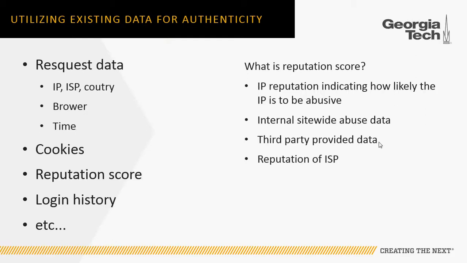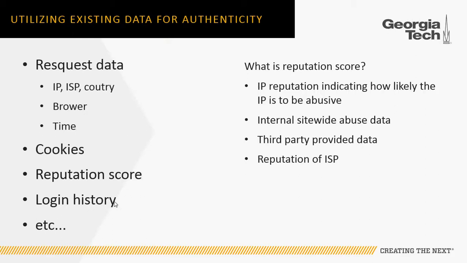And this reputation of an IP address can be obtained from internal site-wide abuse data or from third-party provided data. And if the reputation of a particular IP address is not available, we can instead use the reputation of the ISP, but it's usually less accurate.